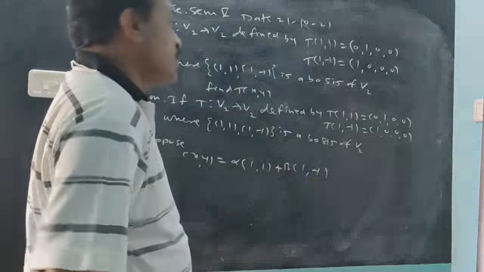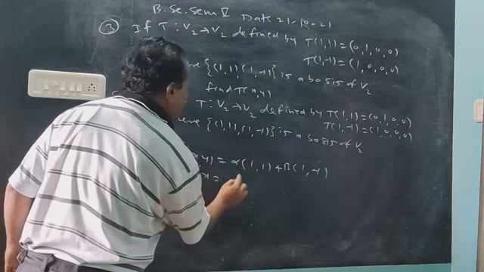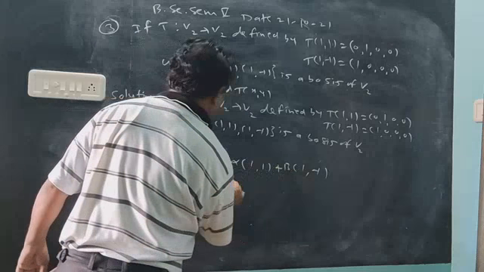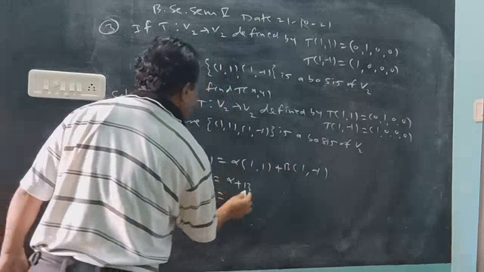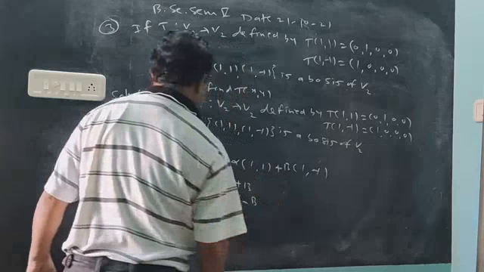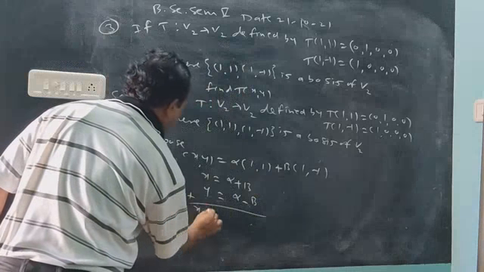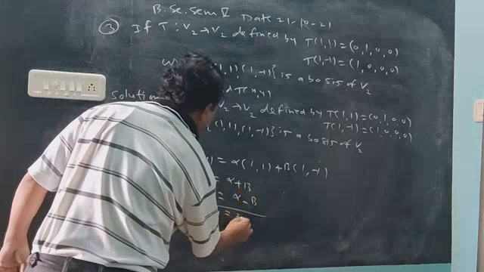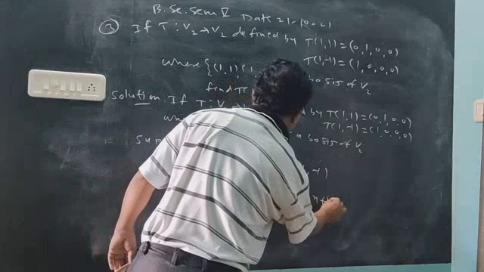First of all, a linear combination. Then T of (x, y): x equals alpha into 1 plus beta, so alpha plus beta is x, and the second combination alpha minus beta is y. Just addition: x plus y, beta cancels, 2 alpha, so alpha will be (x plus y) by 2.